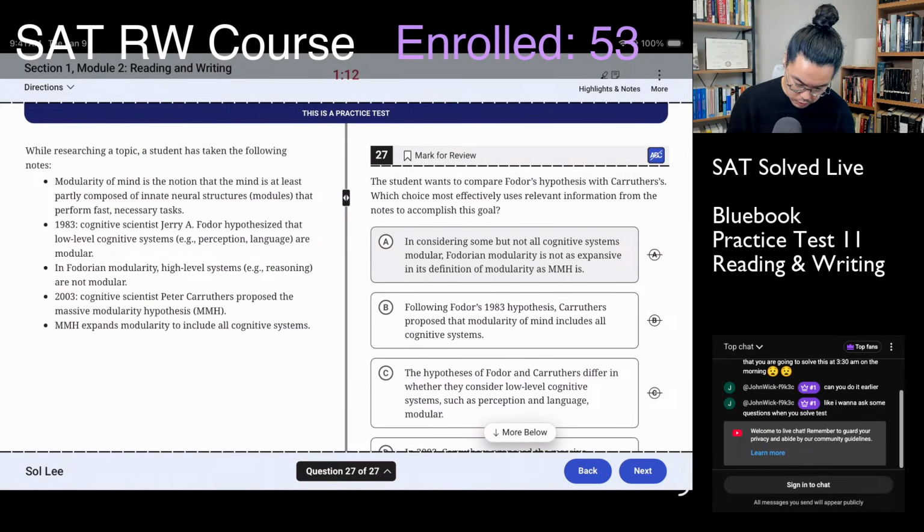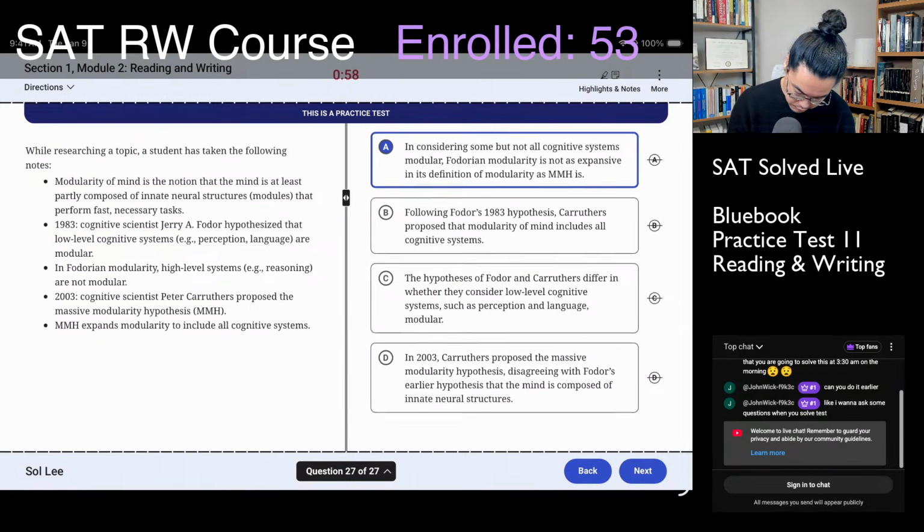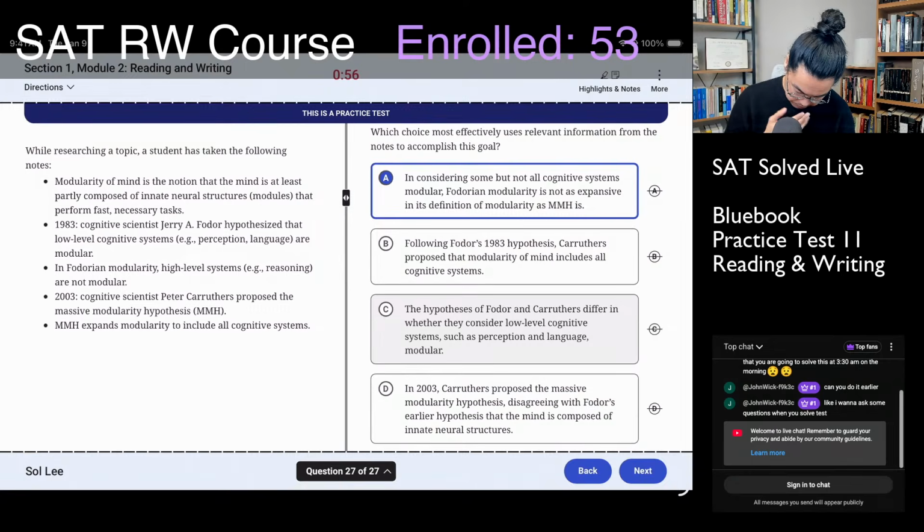Fodor is only low, and Carruthers is low and high. Some, but not all, are modular. A works. I'm going to check C. Nope, that's wrong. And D. Nope, that's also wrong.